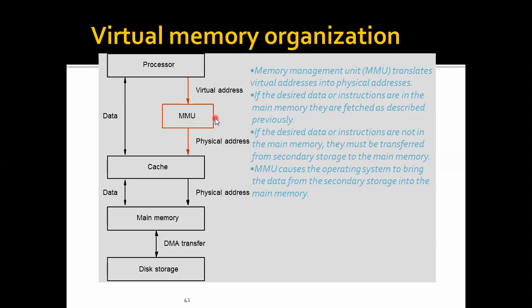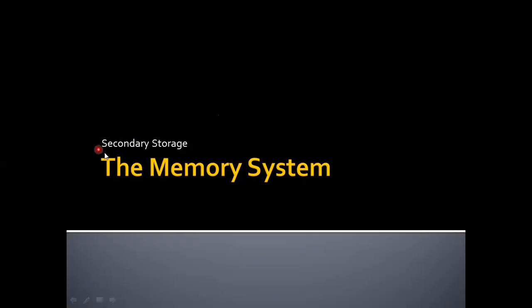The examples for these secondary storage devices are magnetic hard disk, optical disk, and magnetic tape. These are the examples we are taking as the secondary storage devices.